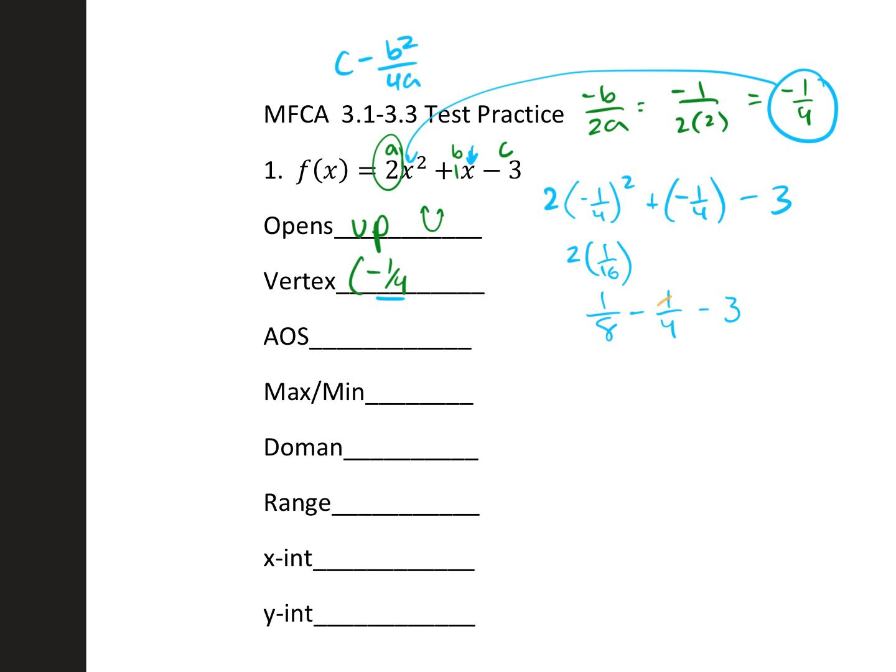Common denominator. So I can make this 2 over 8, and then I can make 3 into 24 over 8. So 1 minus 2 would be negative 1, minus 24 would be negative 25 over 8. So that would be our k in our vertex, negative 25 over 8.